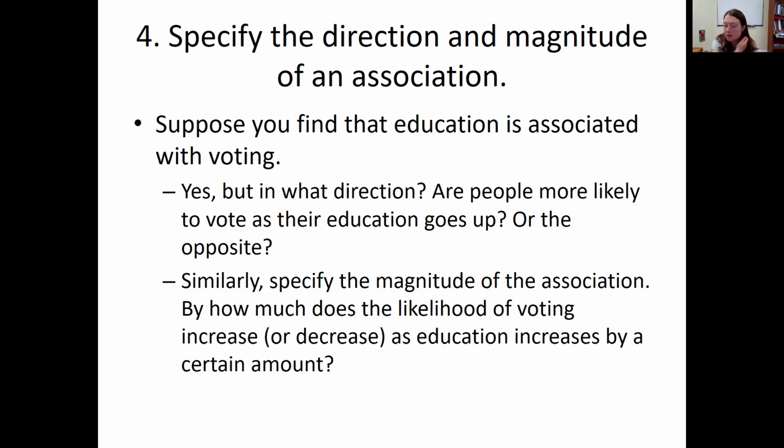And again, you would want to put that in context. So you could say, and I'm making up these numbers, 50% of college graduates and 40% of high school graduates vote. So it's easy for the reader to compare.